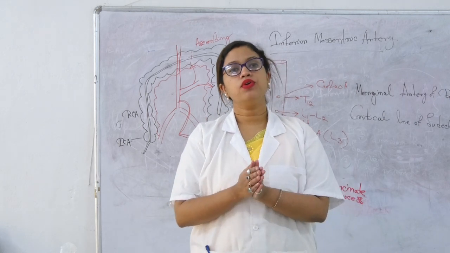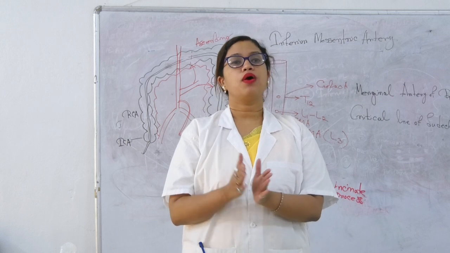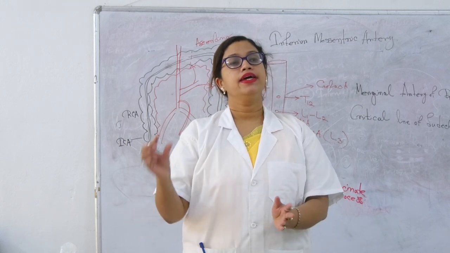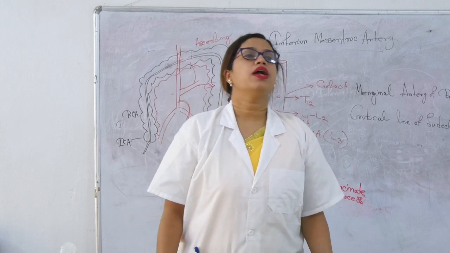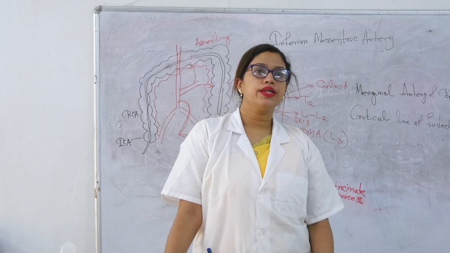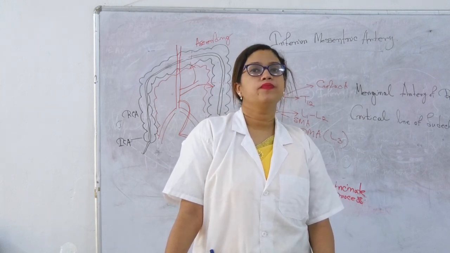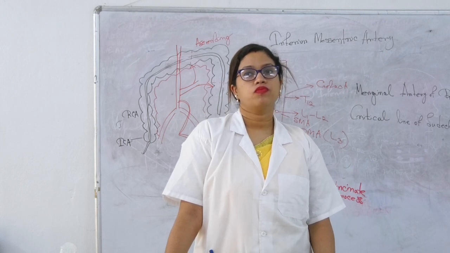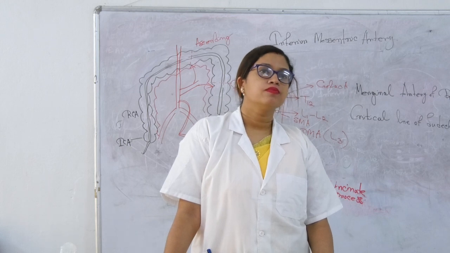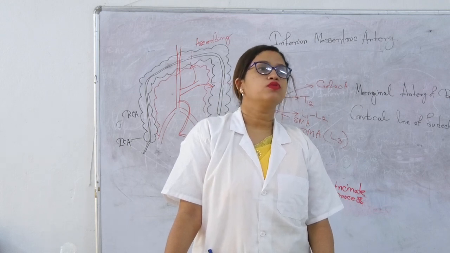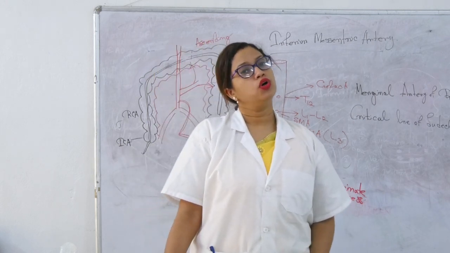It's divided into right and left. First one is the hepatic artery proper, and from that, the right and left hepatic arteries. Then the cystic artery comes from the right hepatic artery. Then what are the other branches? The gastroduodenal artery. So what are its branches? Very good. These are the two branches: right gastroepiploic and superior pancreaticoduodenal.